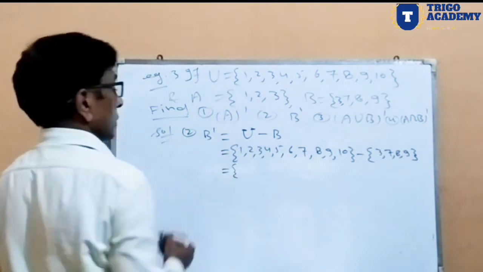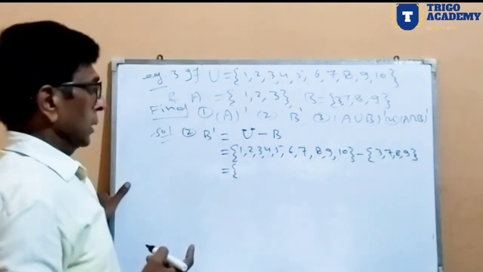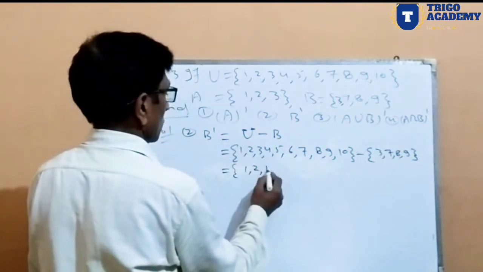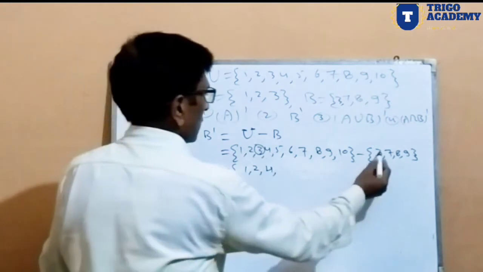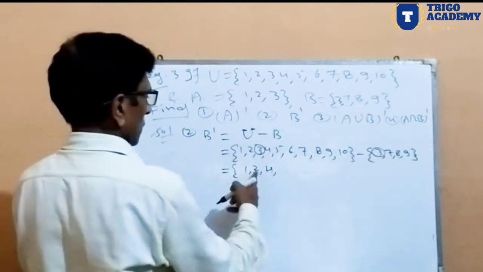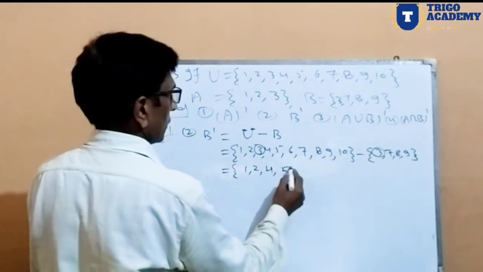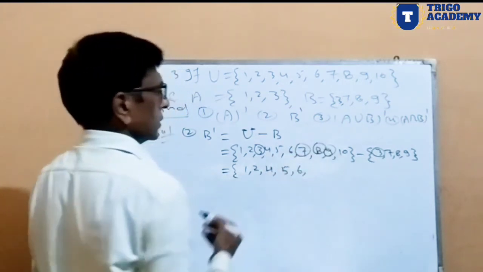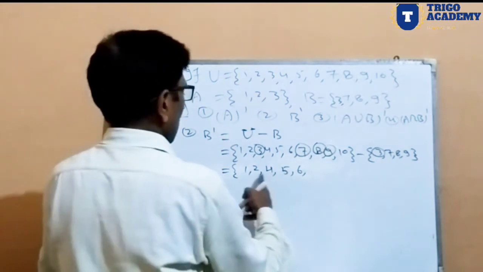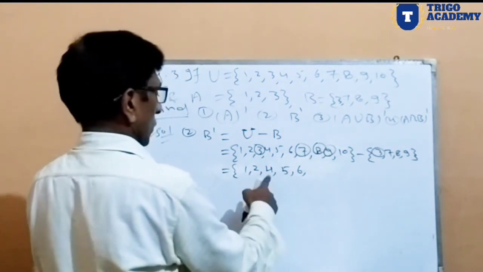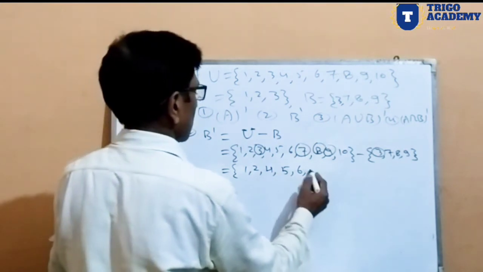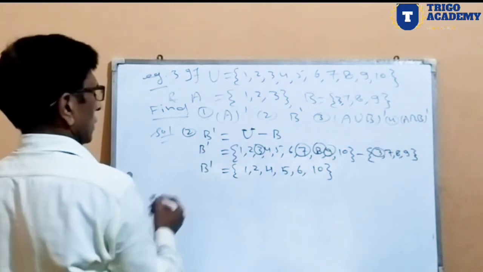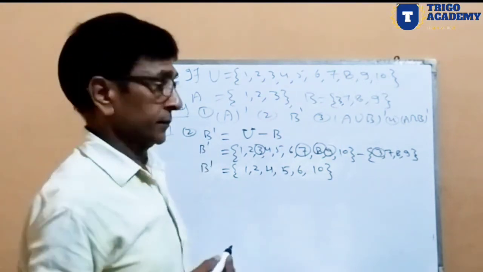Now the left elements will be 1, 2, and 3 is common here, we remove this. 7 is common, 8 and 9 also common elements. So we will take 1, 2, 4, 5, 6, after that 10. So this value will be B dash.